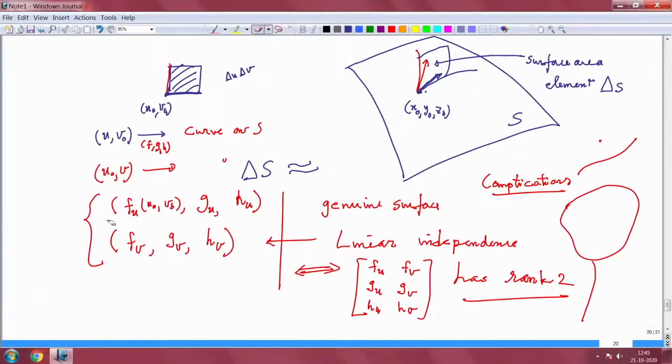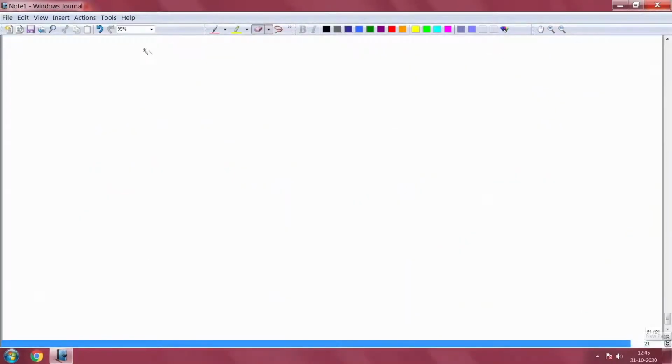That genuine surface, as you see, is the linear independence of these two vectors, that is what we have seen. These vectors, f u, g u, h u and then f v, g v, h v, have rank 2.